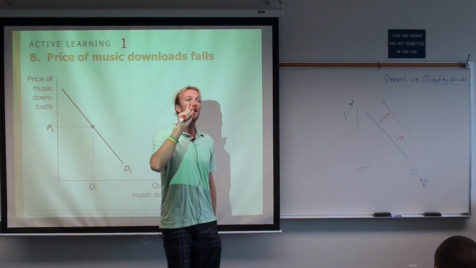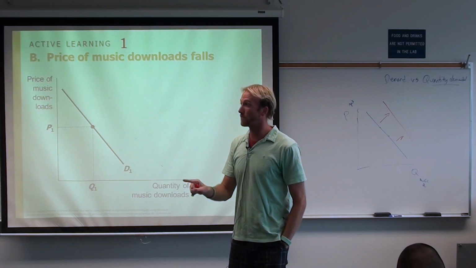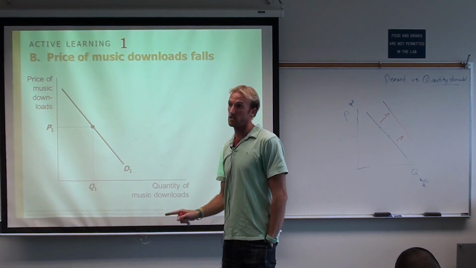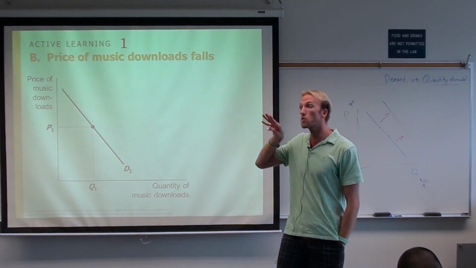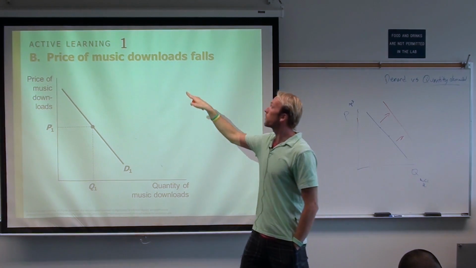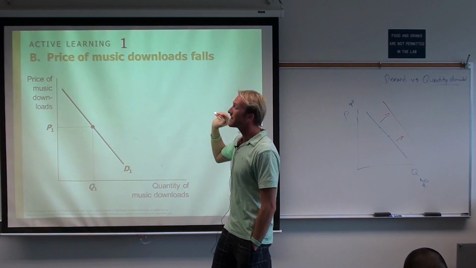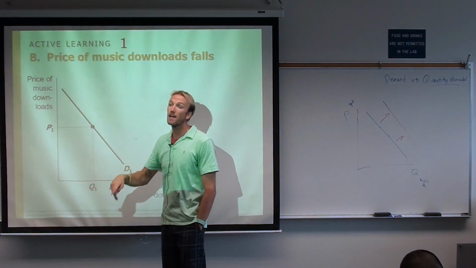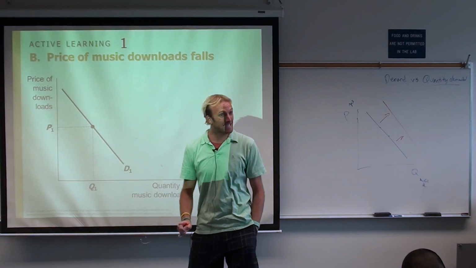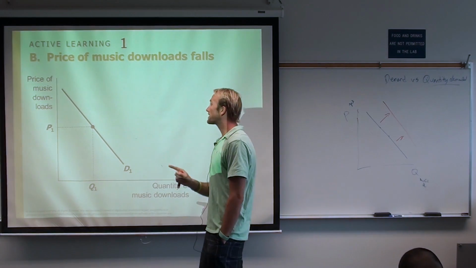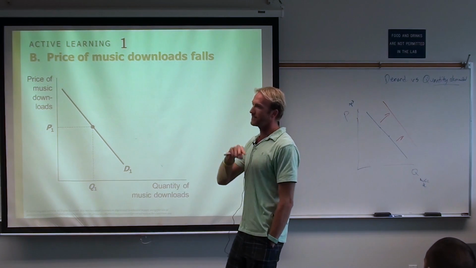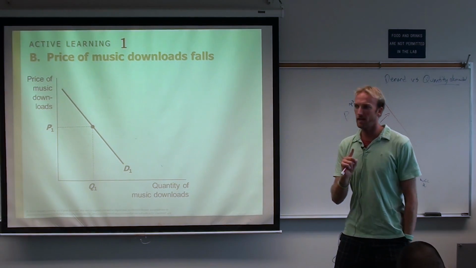The only thing that doesn't shift the demand curve is the price of that good that we're talking about, right? So we're talking about music downloads. When the price of music downloads falls, the curve itself does not shift. Demand does not change. However, you are right that quantity demanded changes, right?